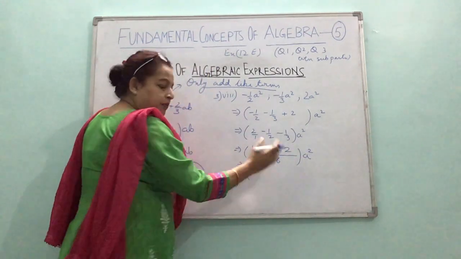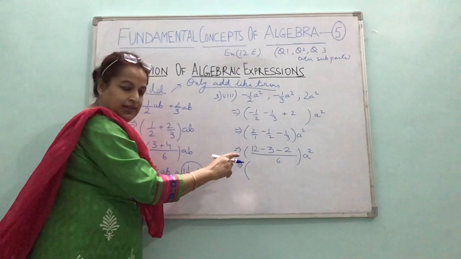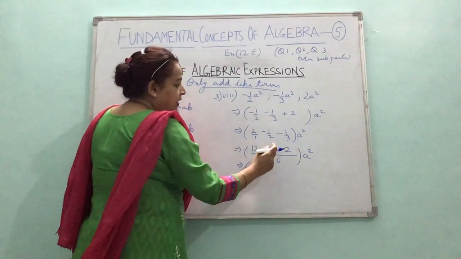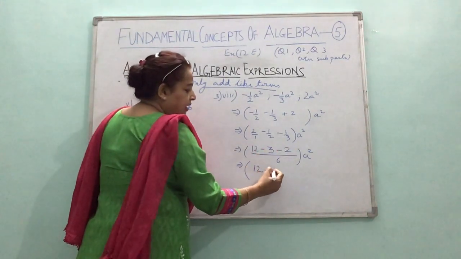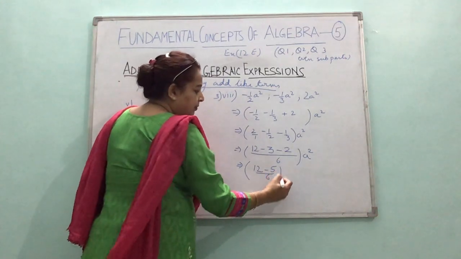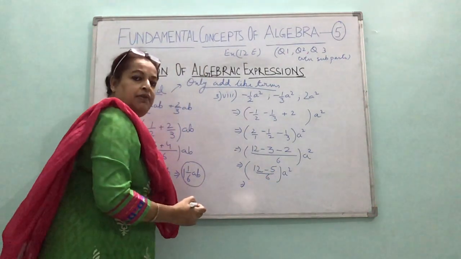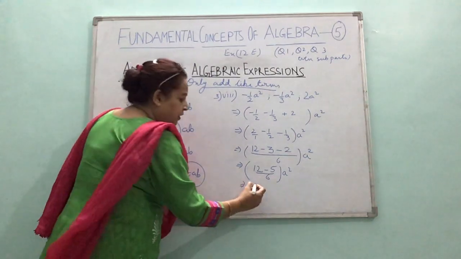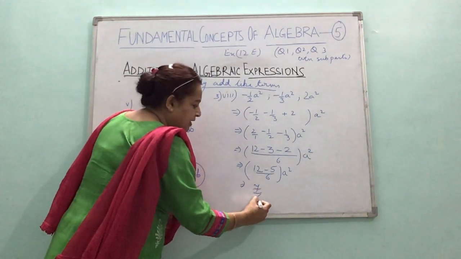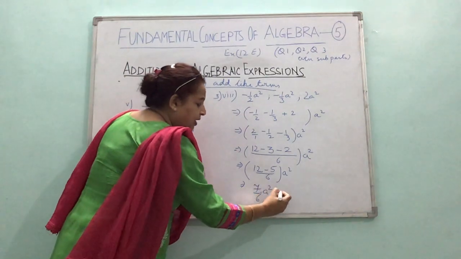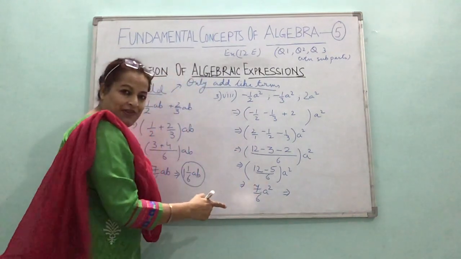Now, if you want, you can do this part in one step, or by writing 12. Same sign, always add and put the common sign. And now subtract. From 12, you subtract 5. What will you get? 7 upon 6. And now a square. It is an improper fraction.